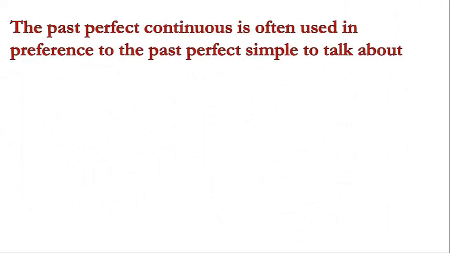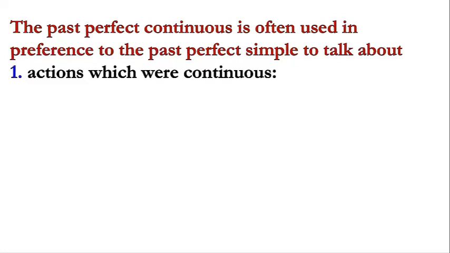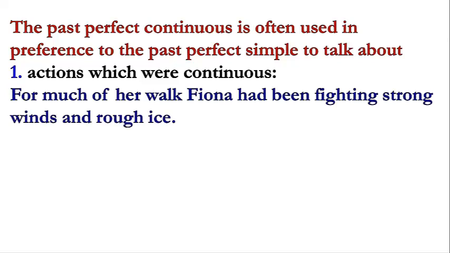The past perfect continuous is often used in reference to the past perfect simple to talk about actions which were continuous. Example, for much of her walk, Fiona had been fighting strong winds and rough ice.